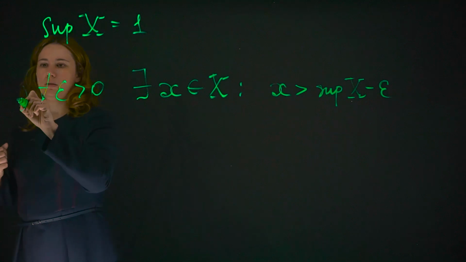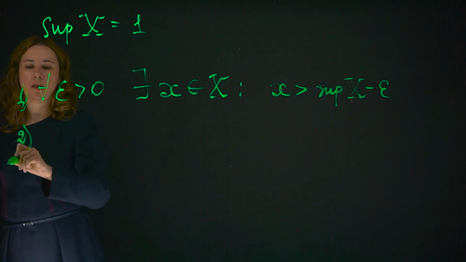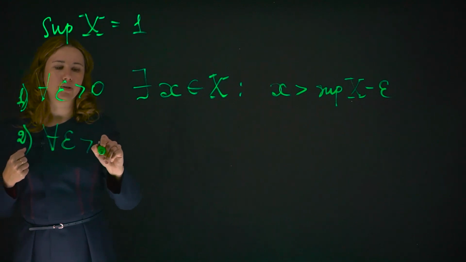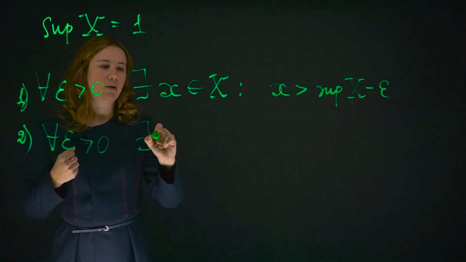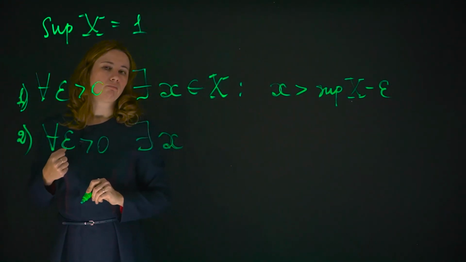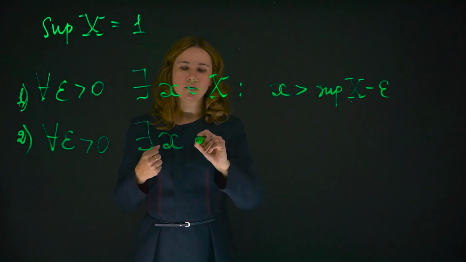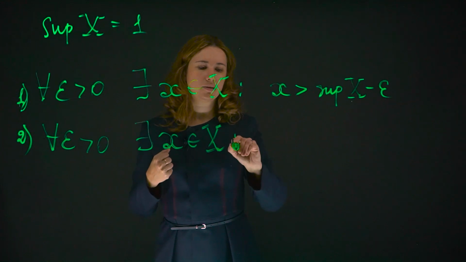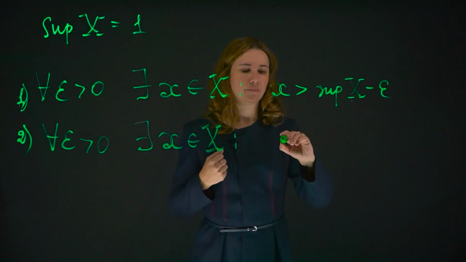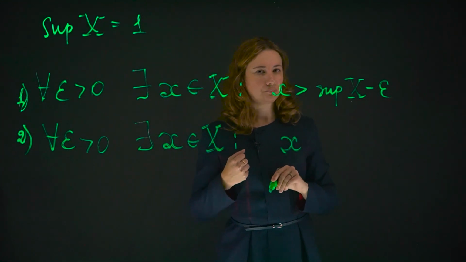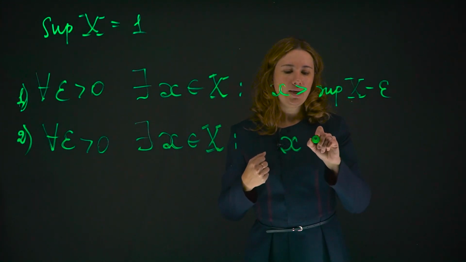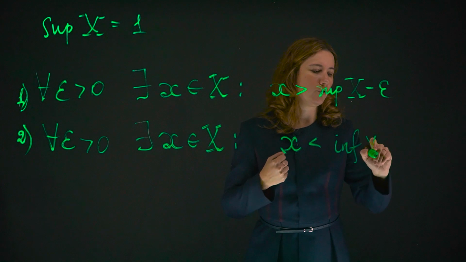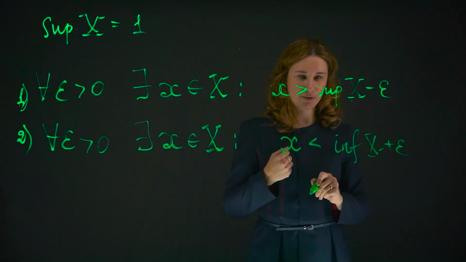And one more statement. For any given positive epsilon, there exists an element X in the set X such that X is less than the infimum of X plus epsilon.